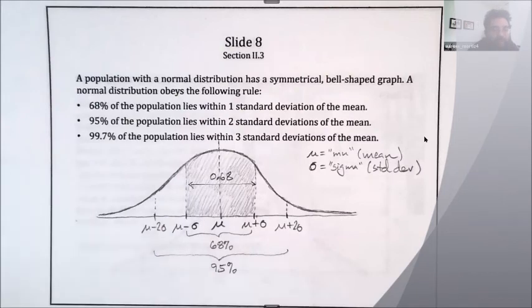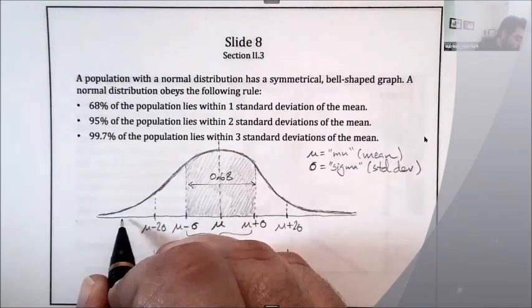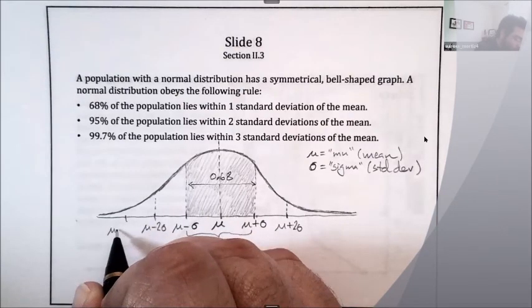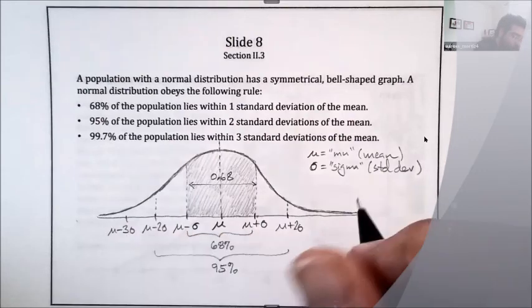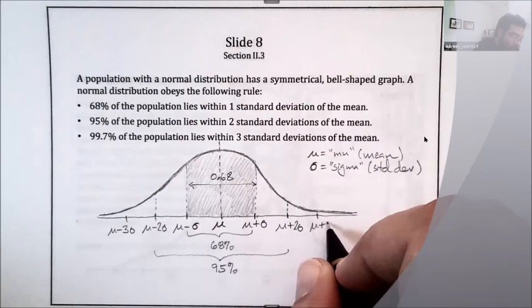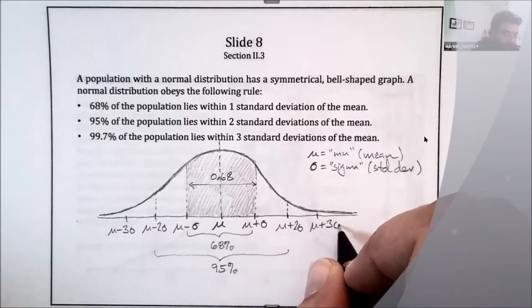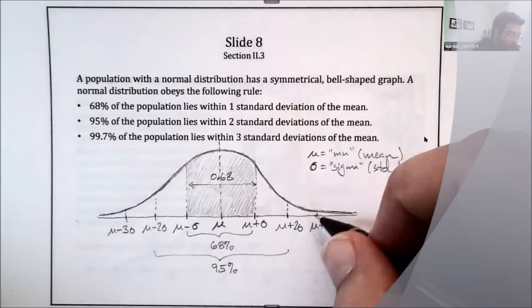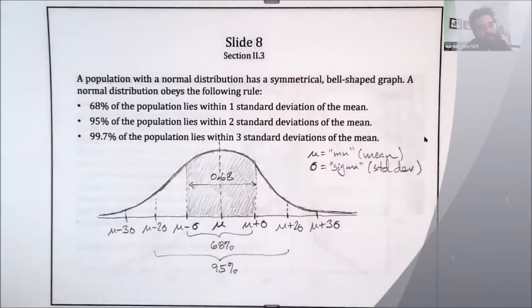And then 99.7% is within 3 standard deviations. This is very similar to what we were observing in the last section when we were computing the percent of the population within 1 or 2 or 3 standard deviations. Remember, in those examples, we saw that it was typically true that well over the majority was within 1 standard deviation, around 60 or 70%.